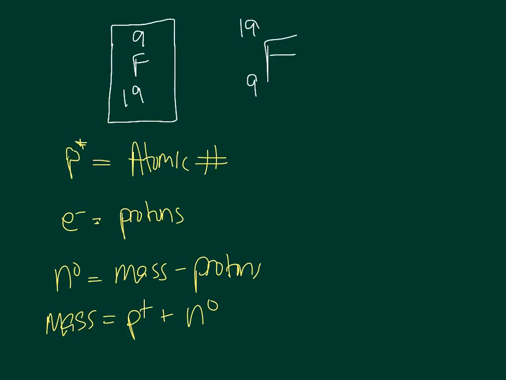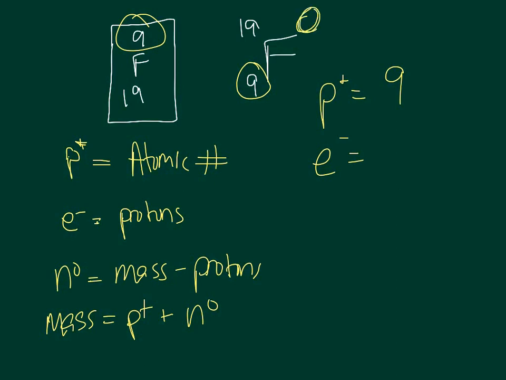Okay, so let's try that for fluorine. So that would mean that the protons for fluorine would equal 9. And I can get that from right here or right here. Okay, there's my atomic numbers. The electrons, we said, were equal to the protons when there's no charge. And if there was a charge, you would see something here.